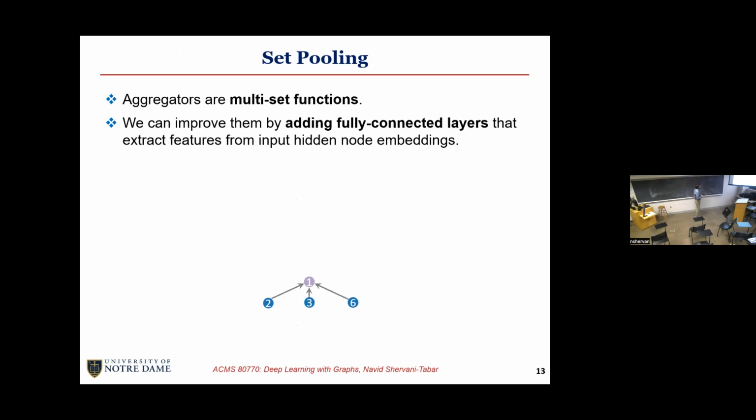Now, the aggregators are multi-set functions, meaning that we have labels on the neighboring nodes. They are embeddings, essentially, but we can simply think about them as labels, and let's say that they're one-dimensional. When we aggregate them, there is no restriction on whether these nodes are equal to each other or not.